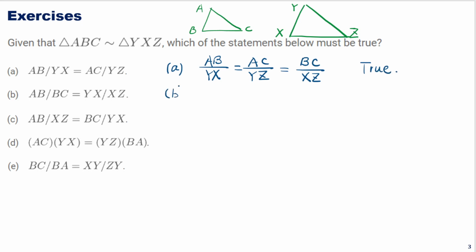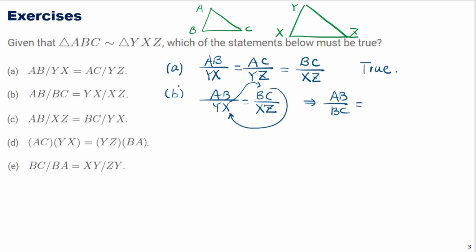For statement B, AB over BC equals YX over YZ. Because we have AB over YX equals BC over XZ, we can just move BC here and move YX here, right? So this gives us AB over BC also equals YX over XZ, right?